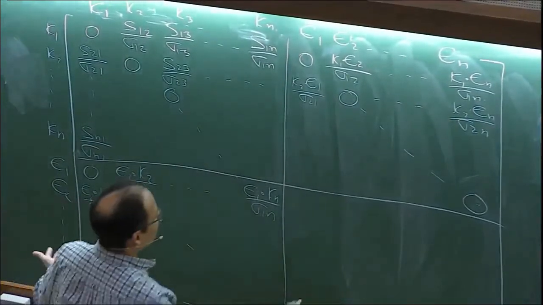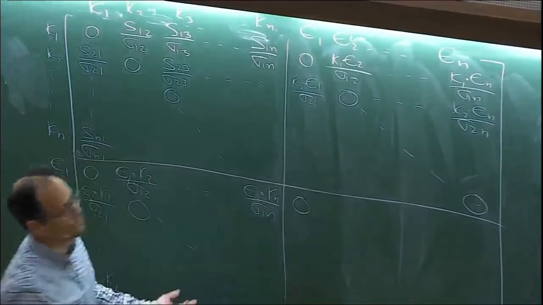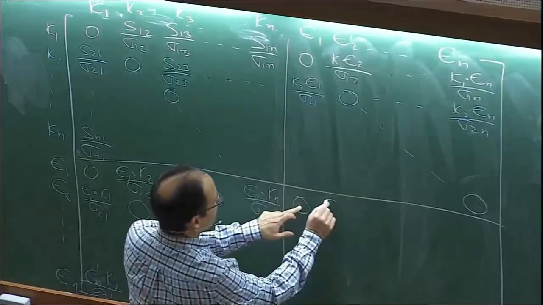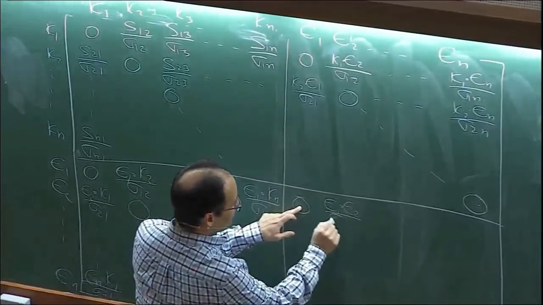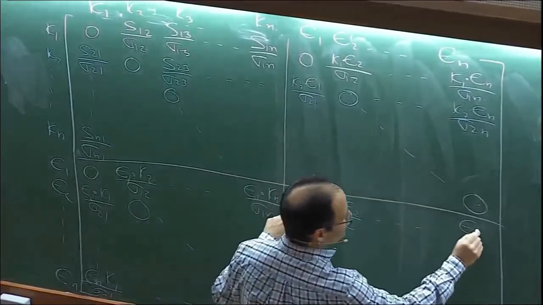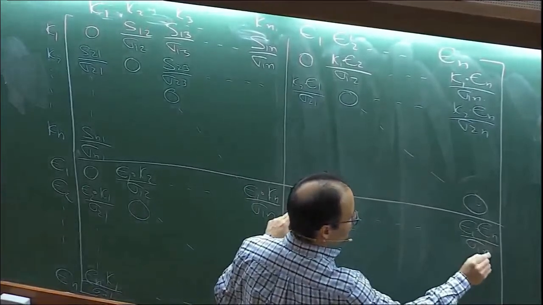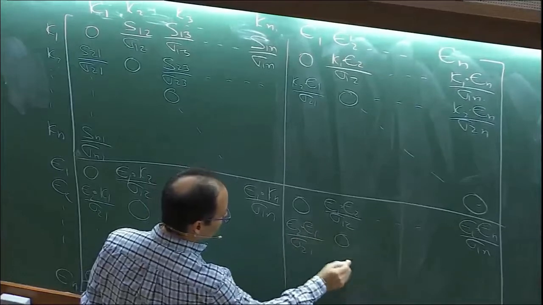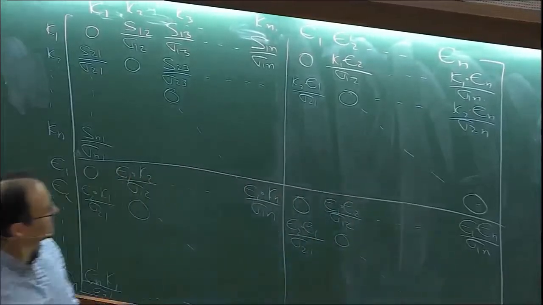It seems natural to also set it to 0. After all, we usually choose polarization vectors to be null. So here we get epsilon 1, epsilon 2, sigma 1, 2, all the way to epsilon 1, epsilon n, sigma 1n, 0, epsilon 2, epsilon 1, divided by sigma 2, 1, all the way to 0. Okay? So now we are ready.